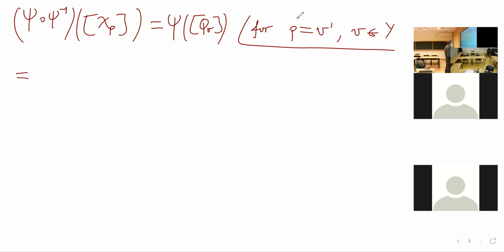So the first step is of course easy because psi of the class of IV. And now I have the sum, okay? So it's minus the sum. And now remember, we are in the domain of psi. The domain of psi is this relative concave algebra. So we have a graph C, okay? So I take the preimage of v under SE.